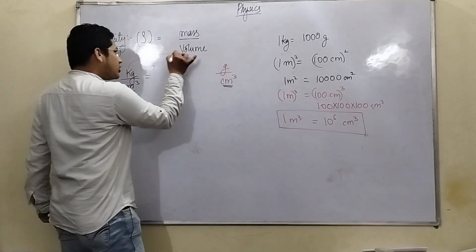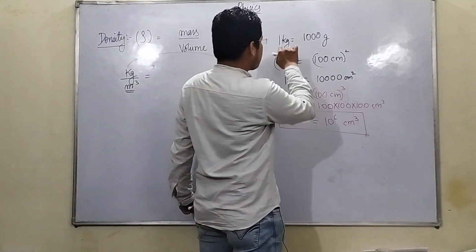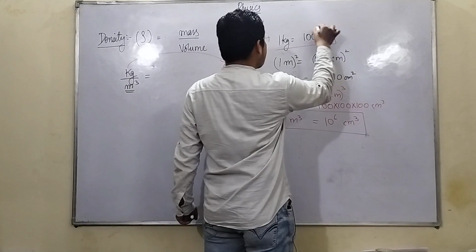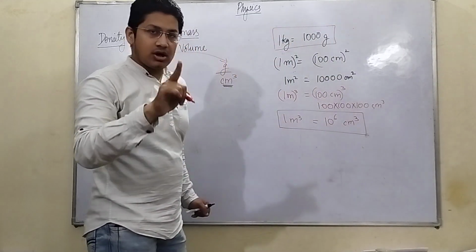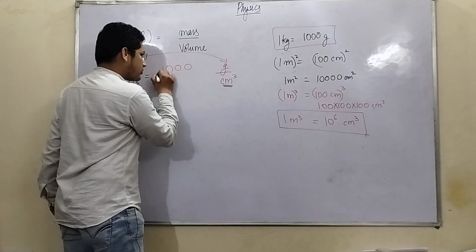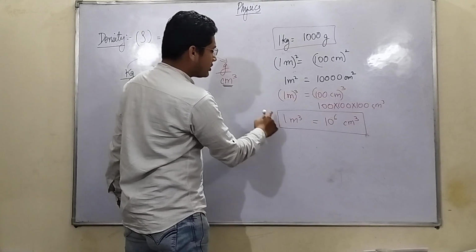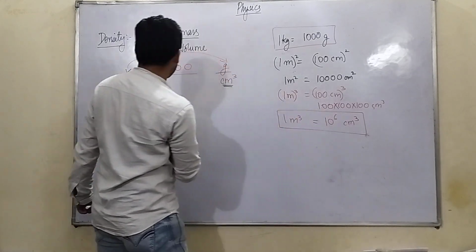To convert kilogram into gram, what we have to do? We have to multiply it by 1000. So what we will do? We will write 1000. Okay. To convert meter cube into centimeter cube, what we have to do?